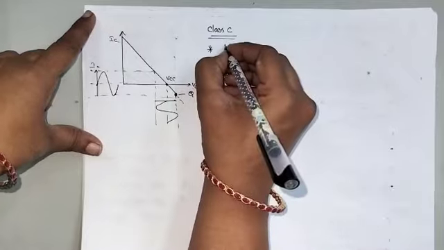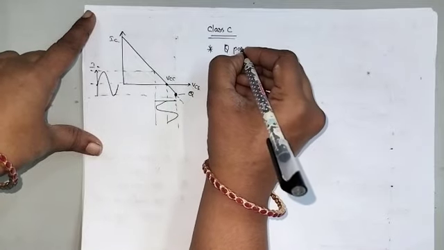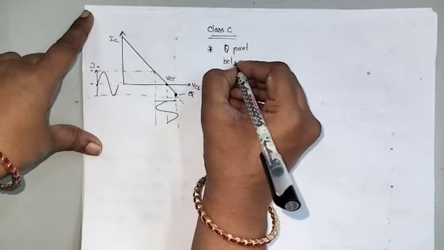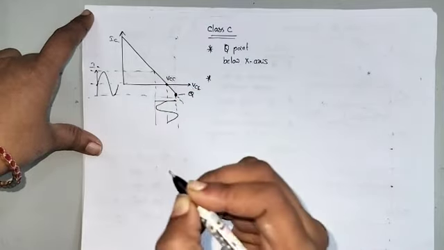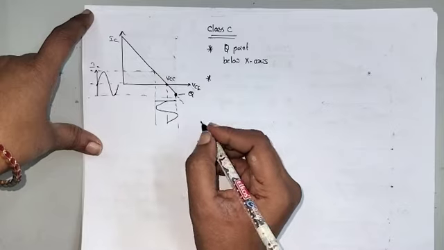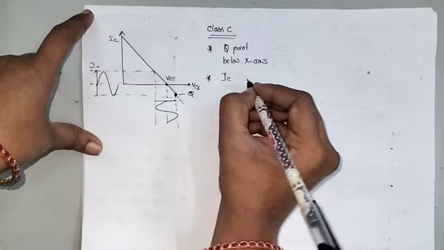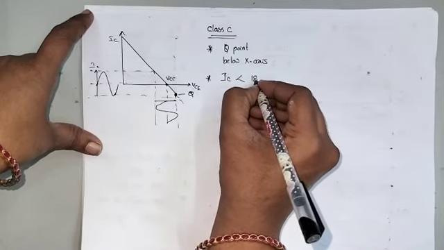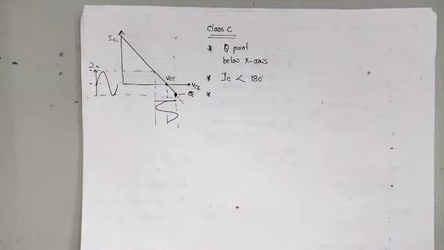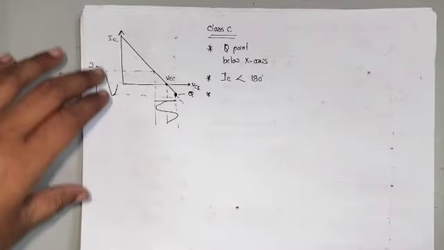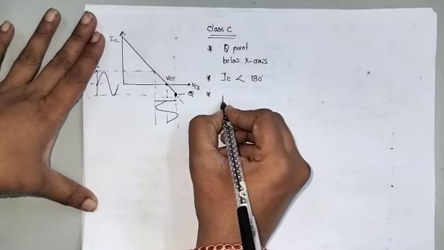The first point is that the Q point is shifted below the x-axis. Next, the IC current flows for less than 180 degrees. The transistor works in the active region for less than 180 degrees, and for the remaining portion it enters into the cutoff region.